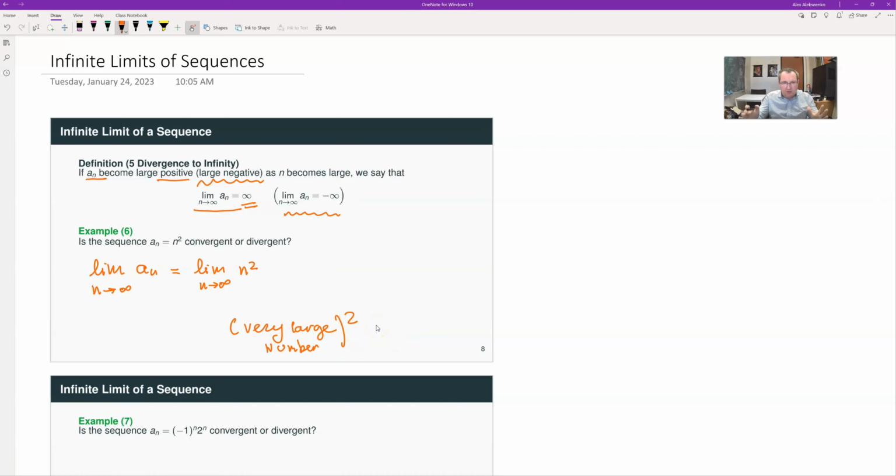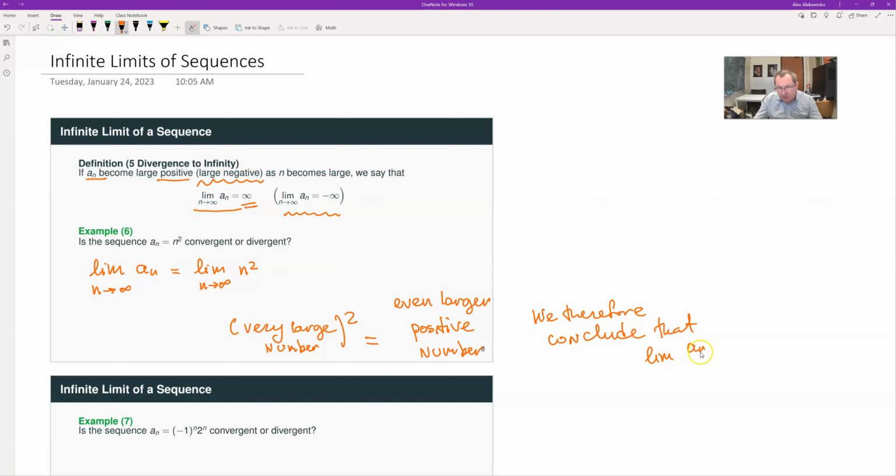When you take a very large number, n squared, it doesn't matter if you start with negative or positive, you will end up with an even larger positive number. We therefore conclude that the limit of a_n in this particular example is equal to positive infinity.